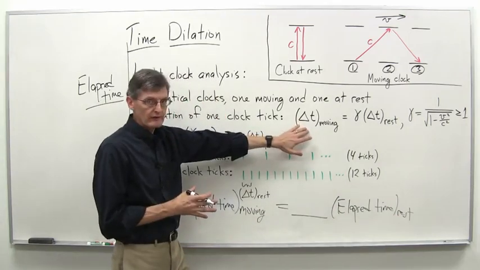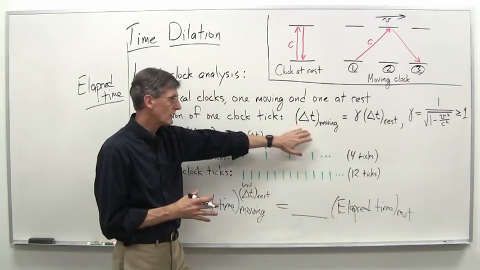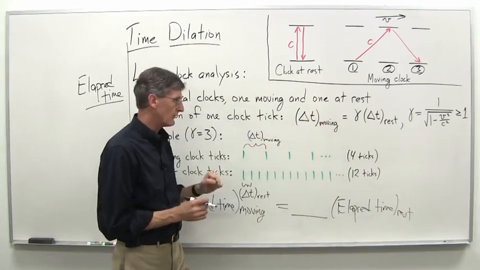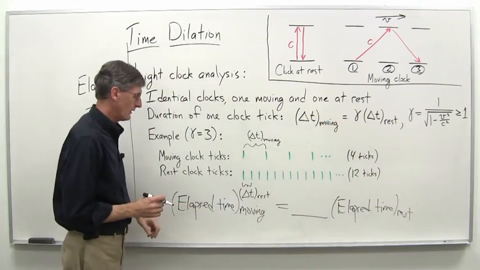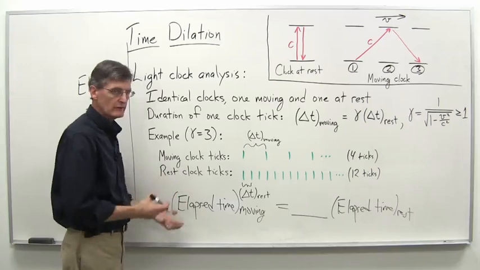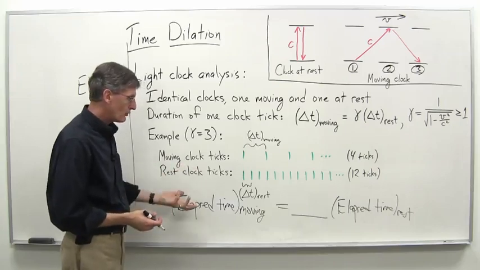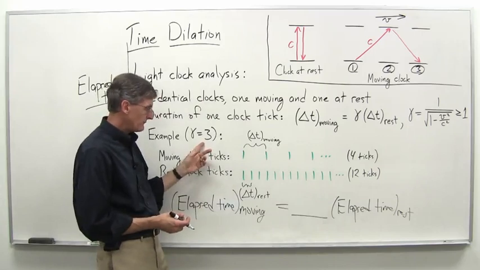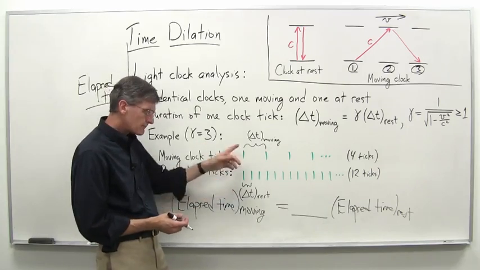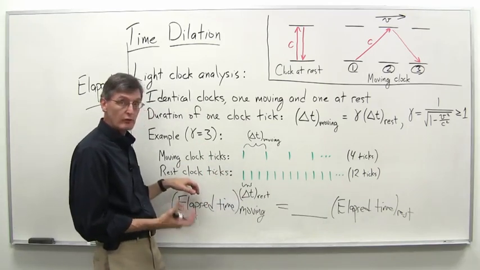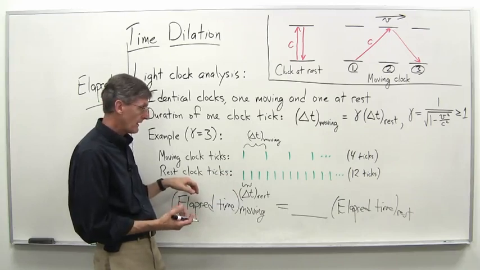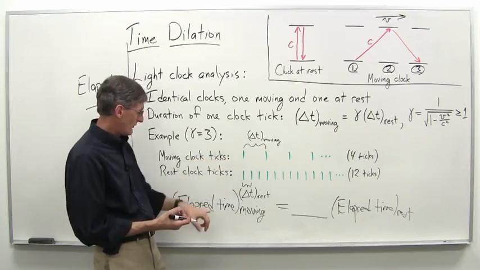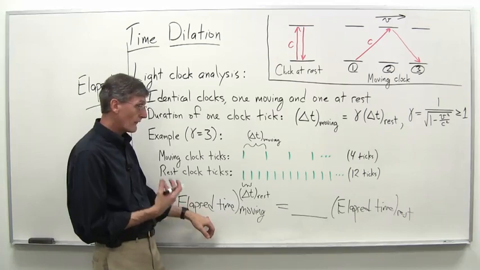Here, these were clock ticks, right? The duration of one clock tick versus the clock tick on the other one. We got the gamma factor in there. Okay, clearly it's going to involve gamma, but note what it is here. Just in our example, when gamma equals 3, the elapsed time of the rest clock was 12, right? And then the elapsed time of the moving clock was 4.